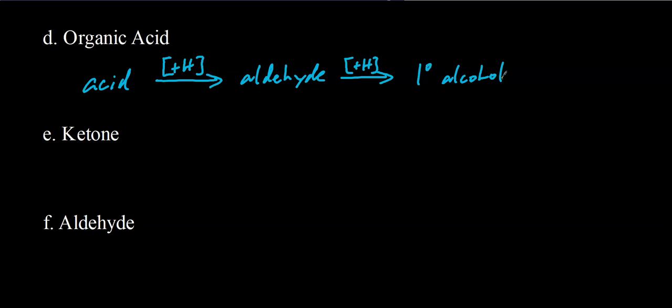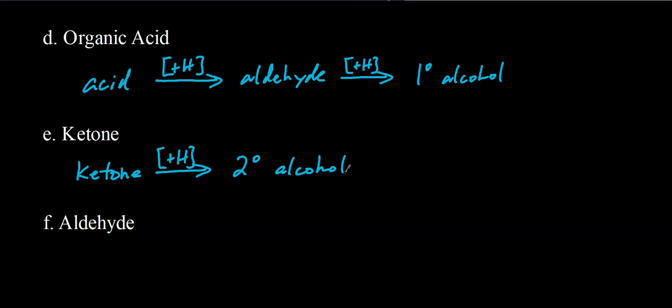All right, for ketones, the reduction of a ketone happens best using sodium borohydride in an aqueous solution. And this is going to produce, of course, a secondary alcohol. So just a complete opposite of what we saw in the last lesson.